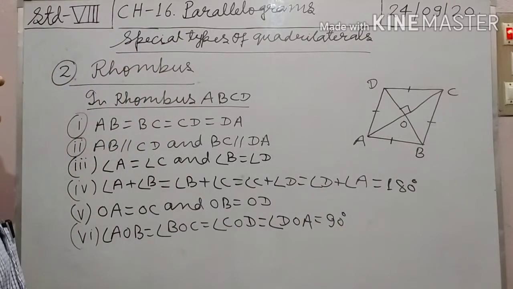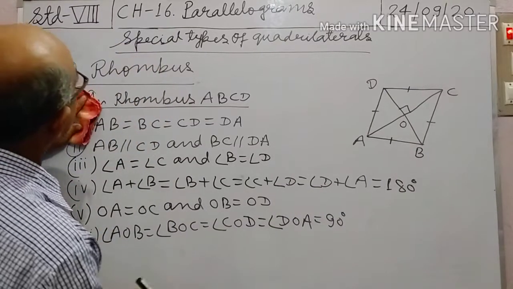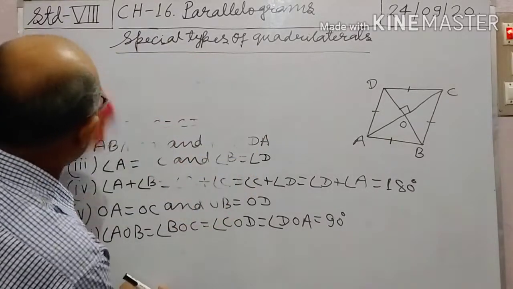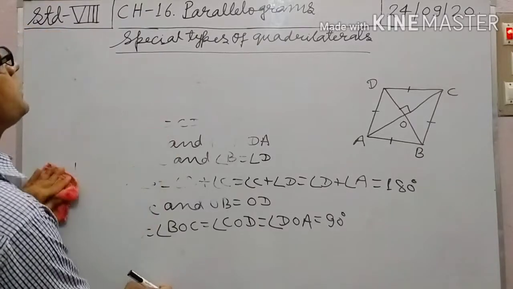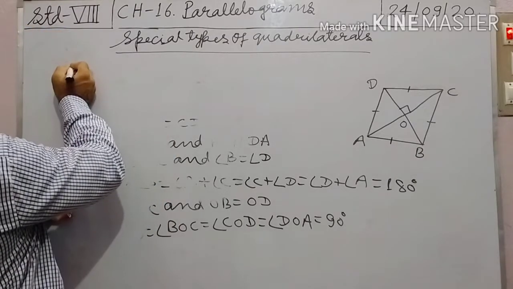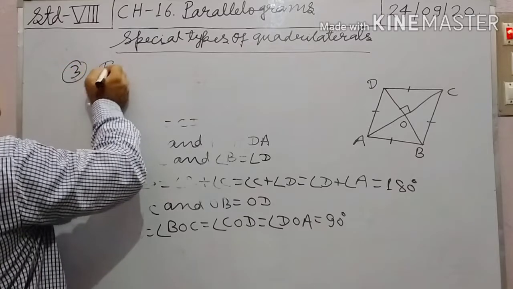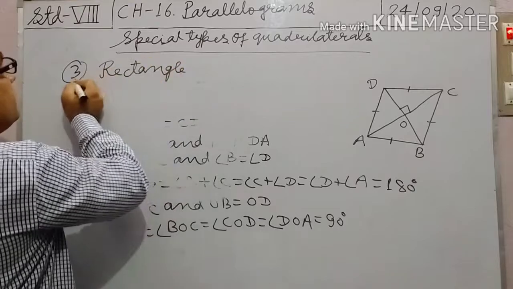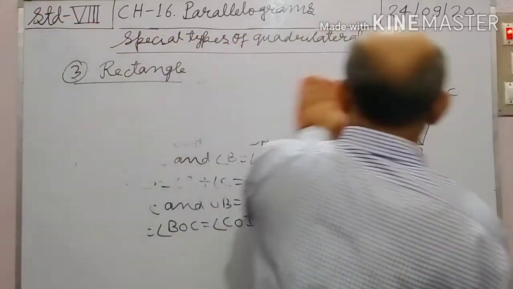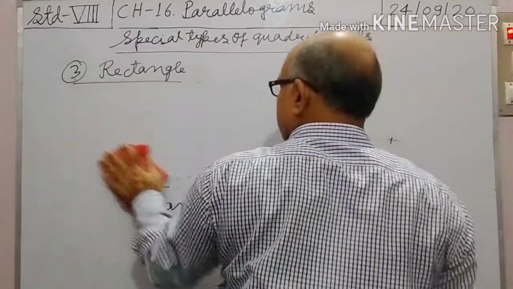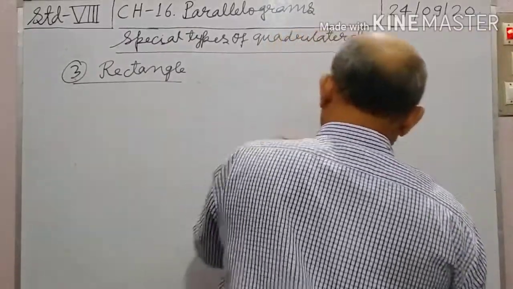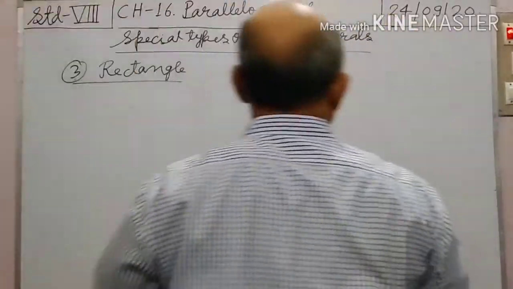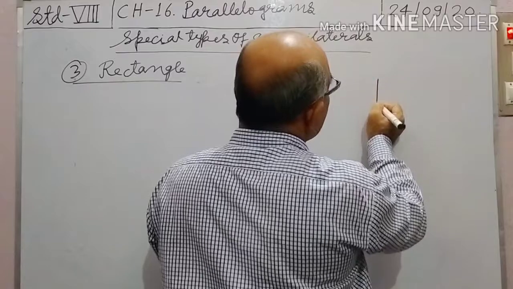Next, the third special type of quadrilateral is the rectangle. The figure of a rectangle is ABCD.